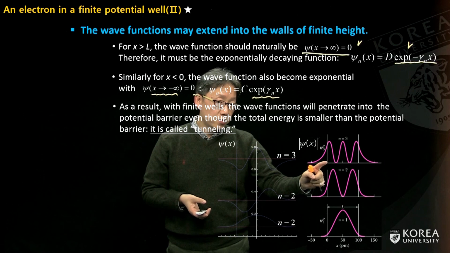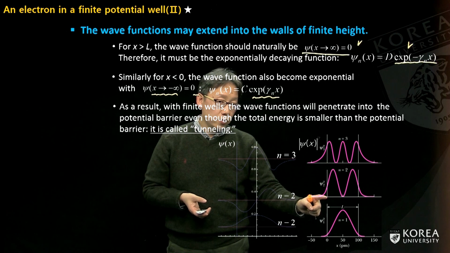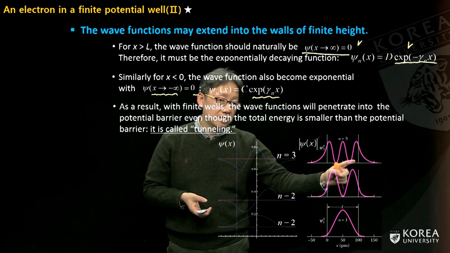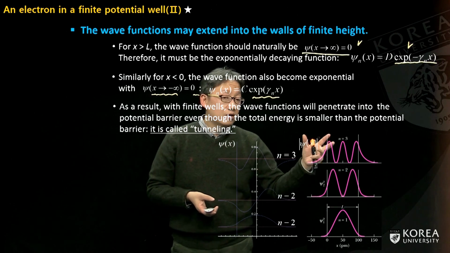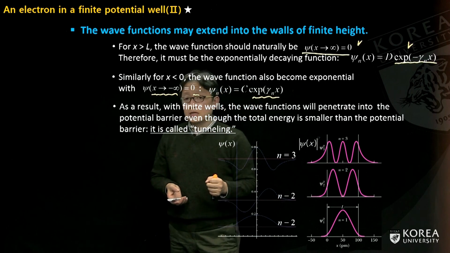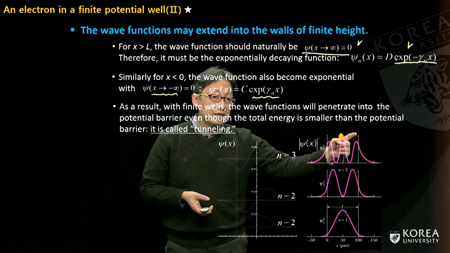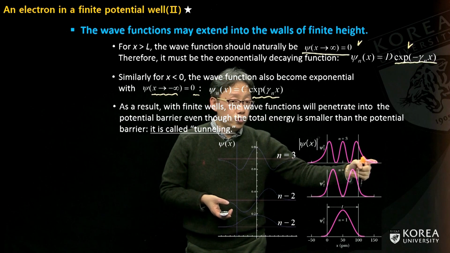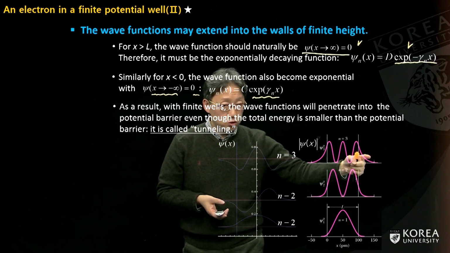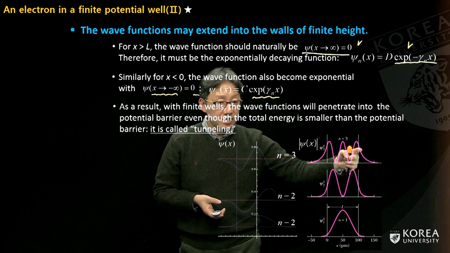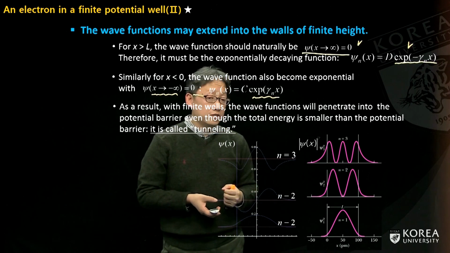So therefore, the number has to be 0 here and also 0 here. The same thing, 0 here and 0 here. But in the case of the finite potential well, as you can see, this wave function, or the probability of the electron to exist, actually penetrates into the potential wall.